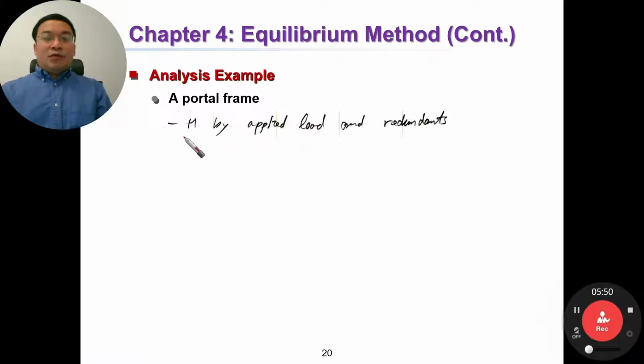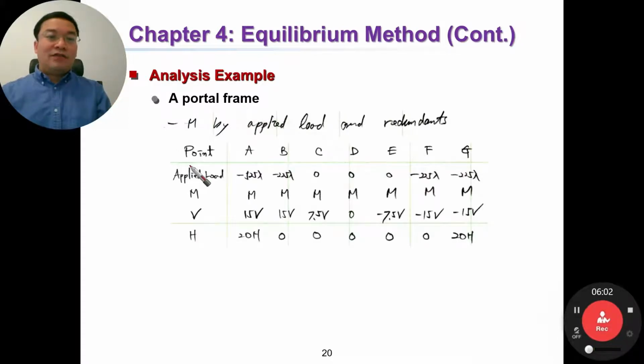Now we have M. We can determine M by applied load and redundants at every section point. So we have the points A, B, C, D, E, F, G, so 8 points at different locations.